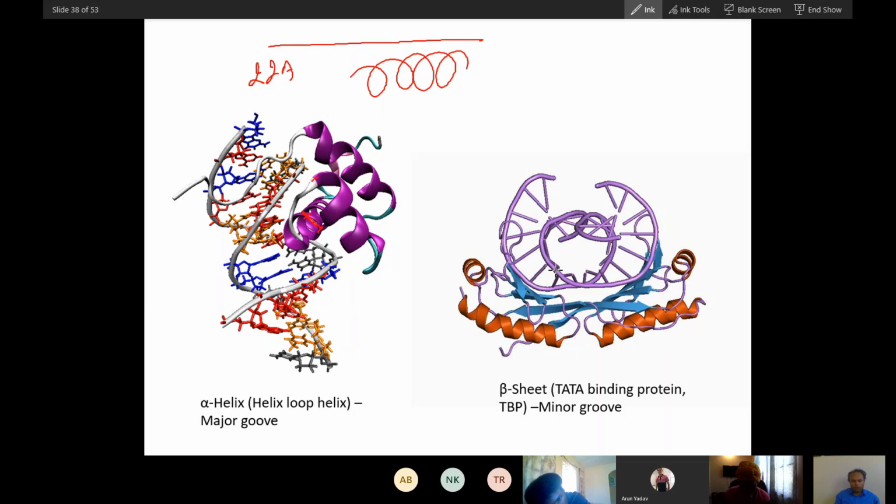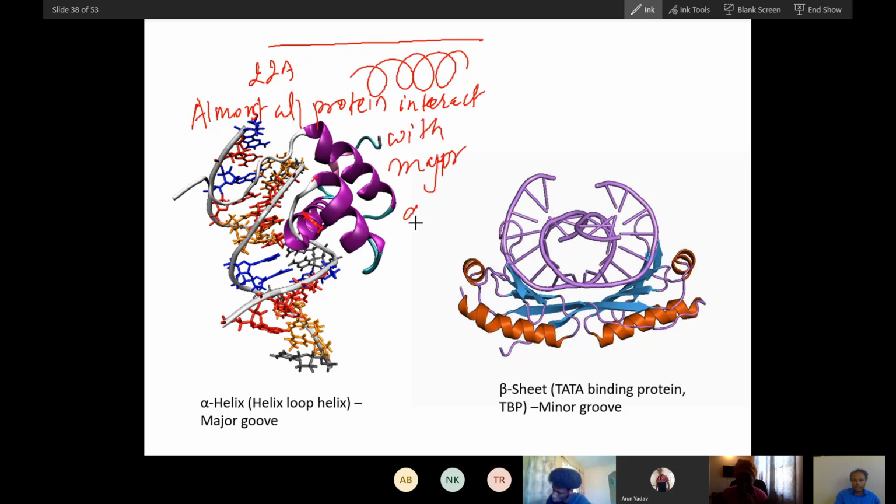But there are very few proteins that will interact with minor groove also. Generally almost all proteins that bind to DNA, that is called DNA binding protein, interact with major groove. And few proteins also interact with minor groove.